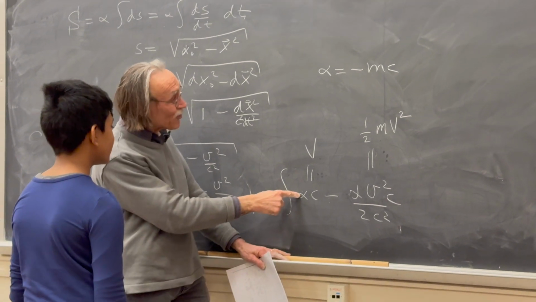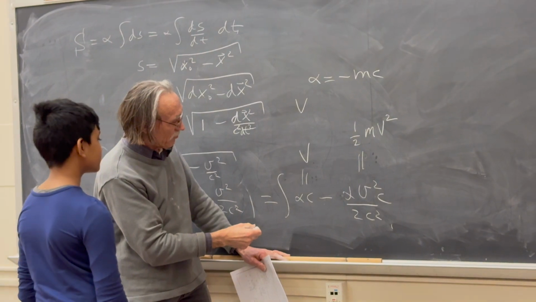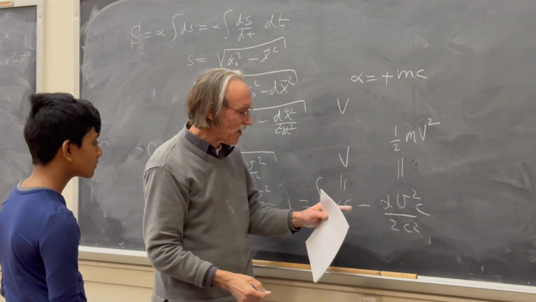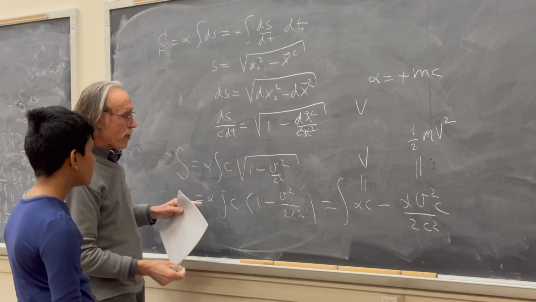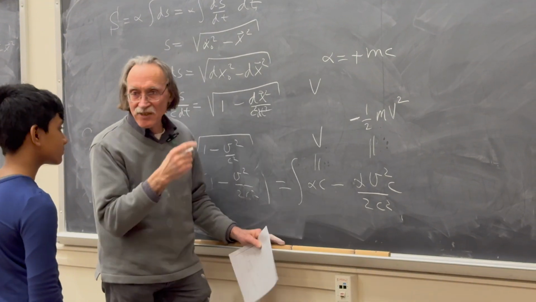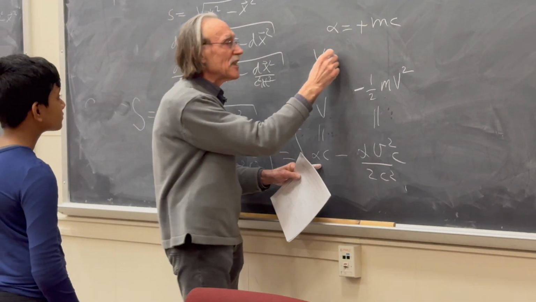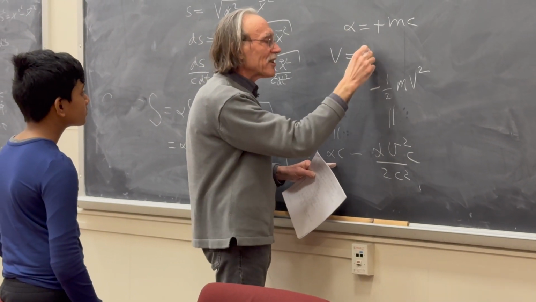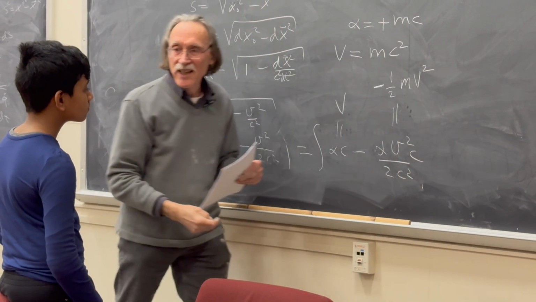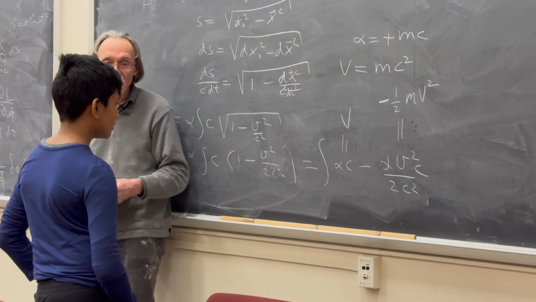And if you look at this term, you see that it is plus, it is T minus V. So this should be equal to minus sign. It was T minus V. And the potential energy is alpha times c, so it is m times c squared. And that's the famous result of Einstein, that mass is equivalent to energy.